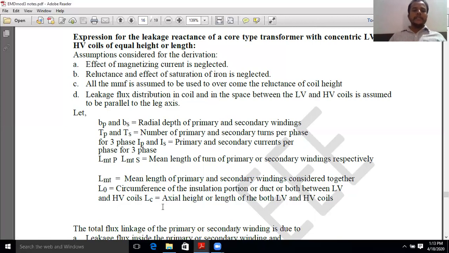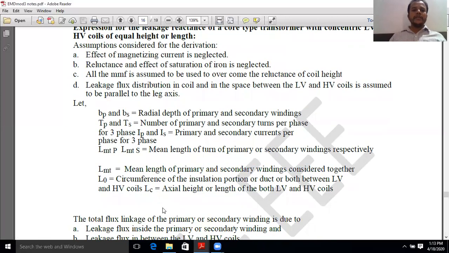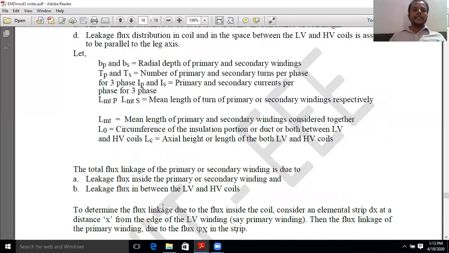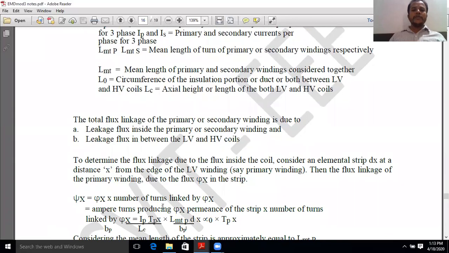Now these are the basic assumptions we made, and we have stated some points. The total flux linkage of the primary or secondary winding is due to the leakage flux inside the primary or secondary winding and the leakage in between the LV and HV coils.